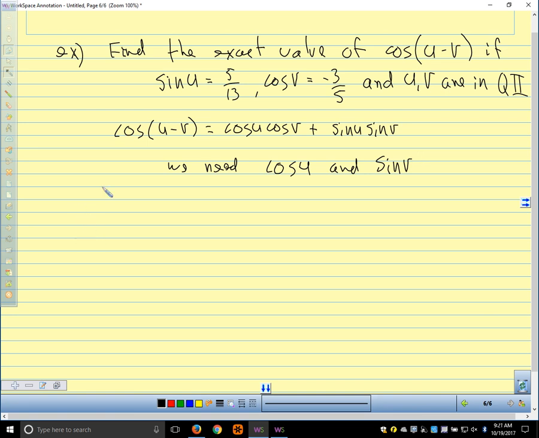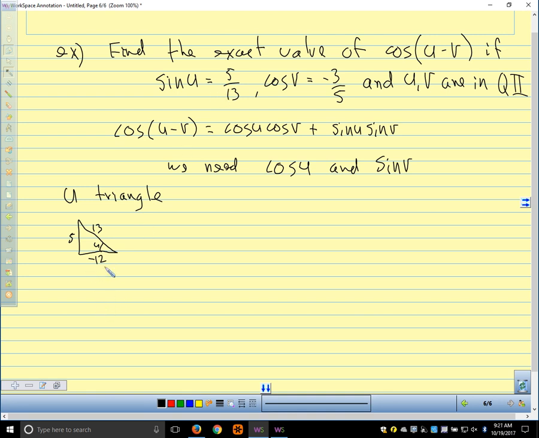We get to use a triangle for u. So our u triangle. And I'm going to draw, we're in quadrant 2, so I'm going to draw my triangle this way. There's u. Sine u is 5/13. So what is this missing side? Pythagorean triple? 12, and since we're in the second quadrant, negative 12.